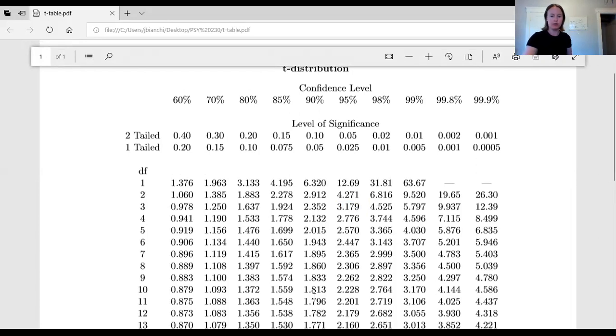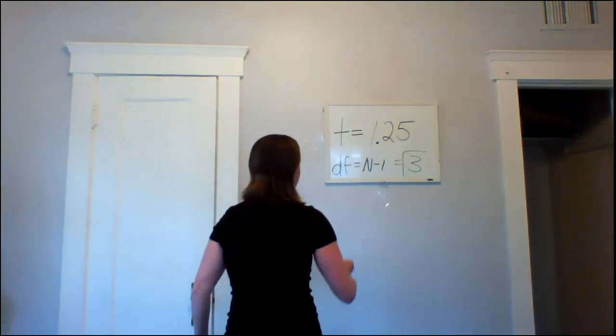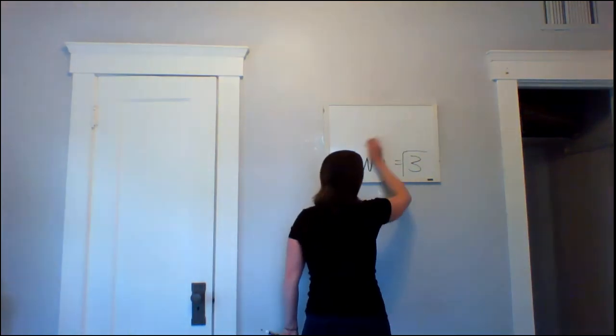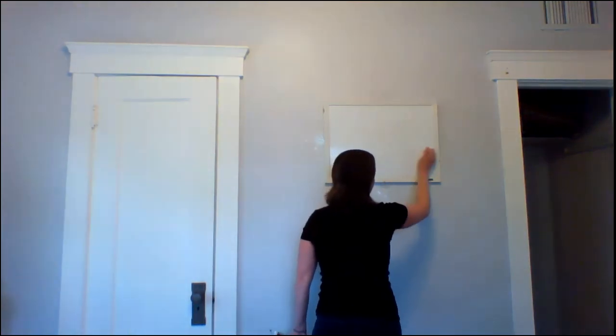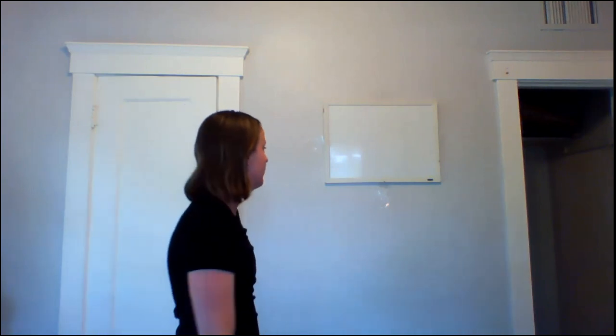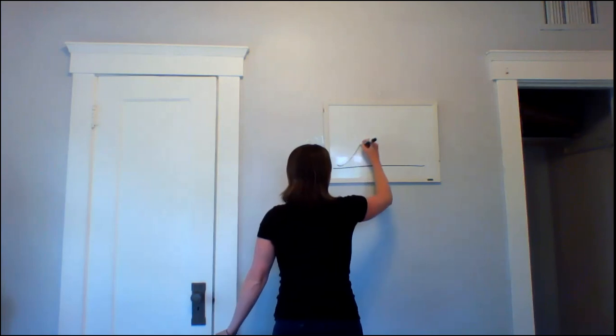Okay, let me go ahead and draw this for you. So we've used the t-table to find the criteria. It's basically telling us what we need to outbeat in order to have a statistically significant finding. Here is my t-distribution.